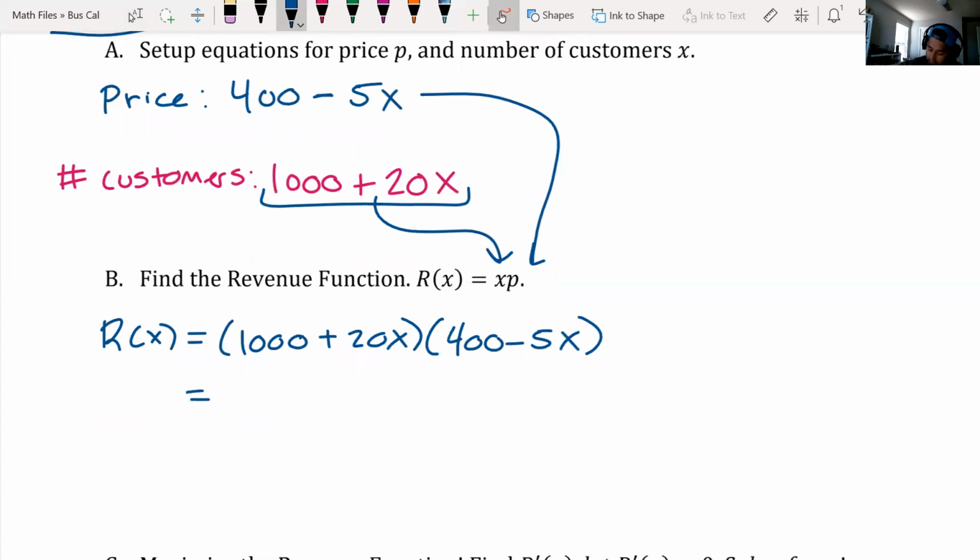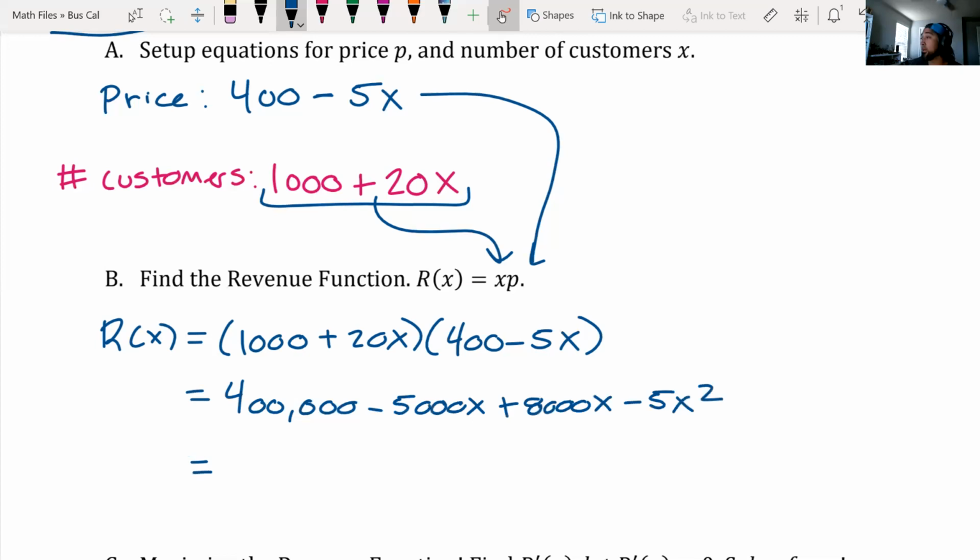So 1,000 times 400 is 4 followed by 5 zeros. Yep, 1, 2, 3, 4, 5. And then 1,000 times -5x is -5,000x. 20x times 400 is 8,000x, minus 5x squared. Now just simplify it and rewrite it with the highest power first.